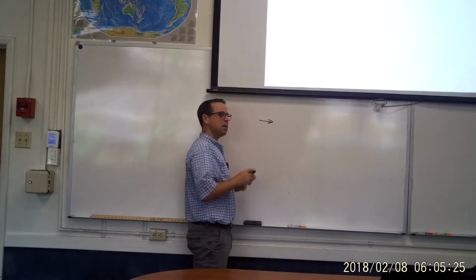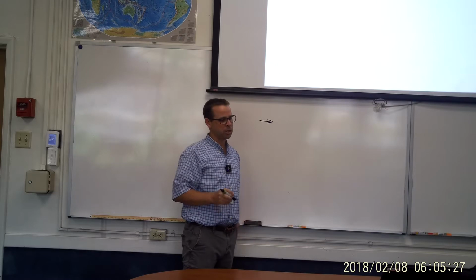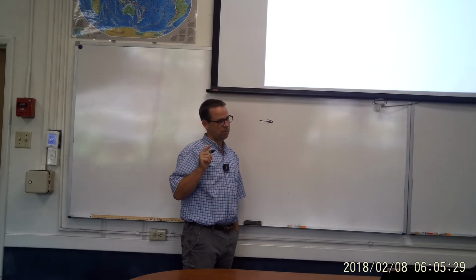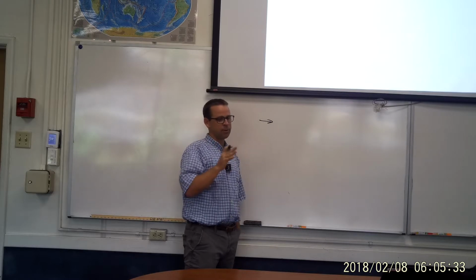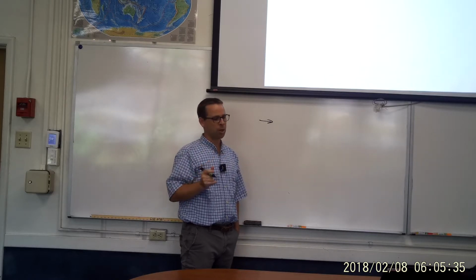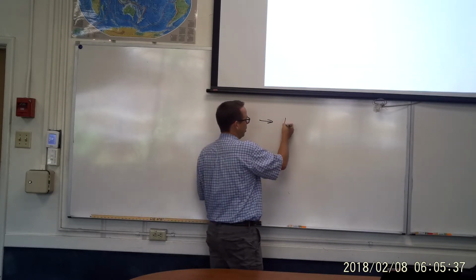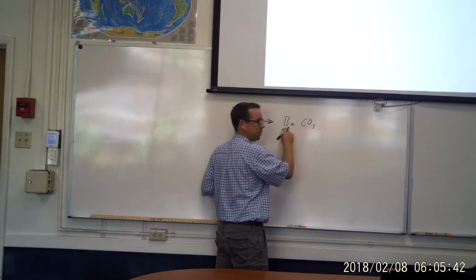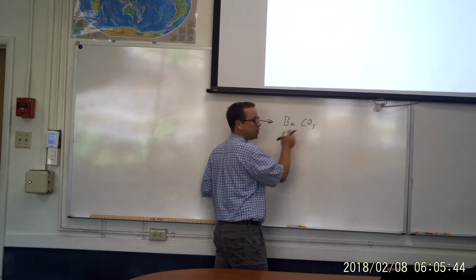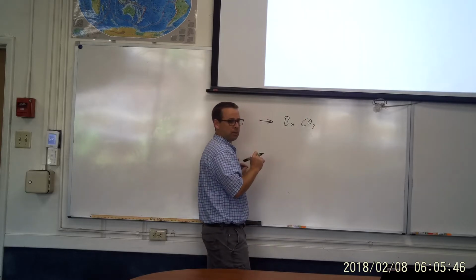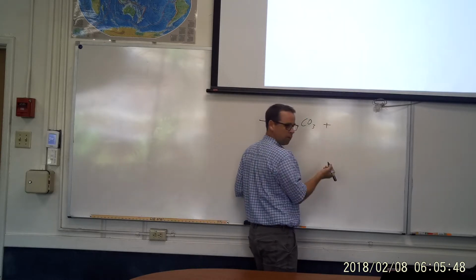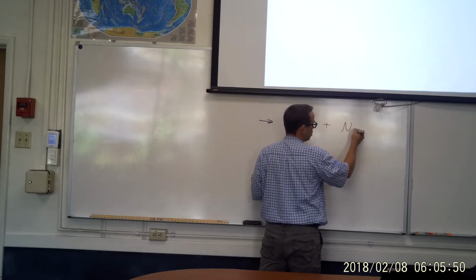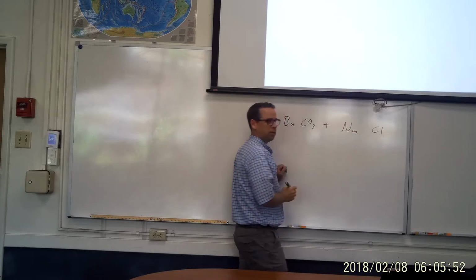I'm seeing something amongst a lot of people, which makes me want to introduce a slightly different perspective on how to identify the products. If I can see that barium and carbonate are going to come together, I can just write those down like that. And the other ones that are going to come together are sodium and chlorine, right?